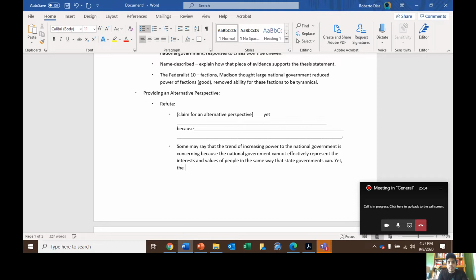Yet, the national government state governments actions in state and local governments disproportionate power.